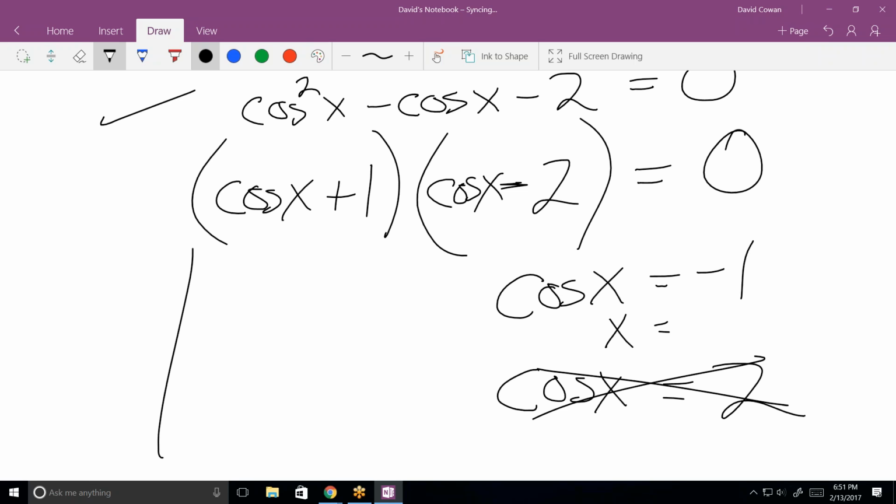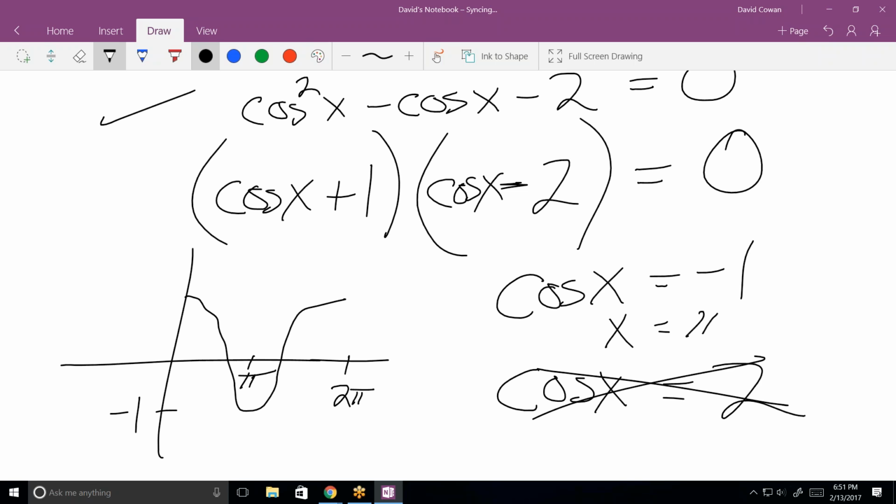Cosine x equals minus 1. X equals... wait a second, I'll label everything. 2 pi. Oh, x equals pi. And that's the answer. X equals pi, assuming that they said the domain for x is the unit circle, which they usually do on these equations.